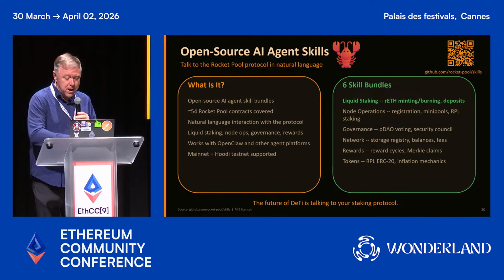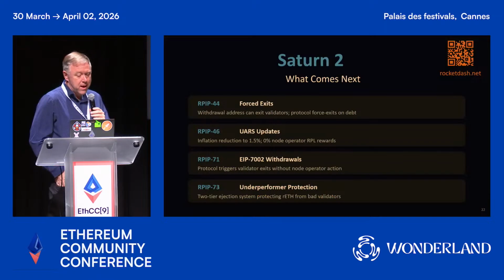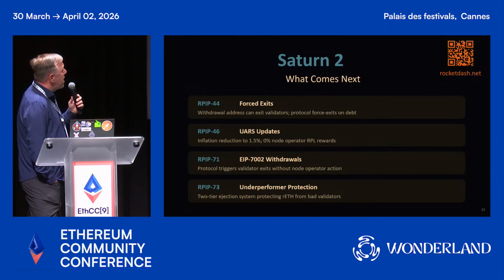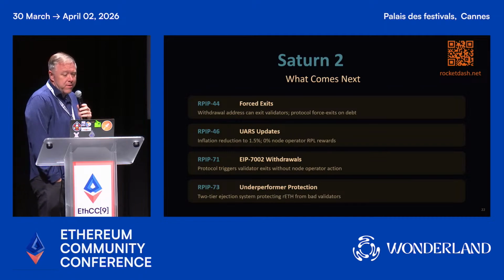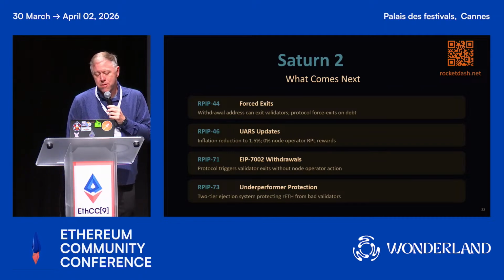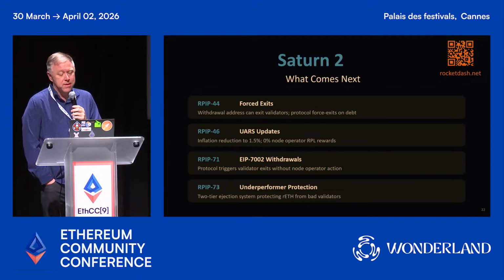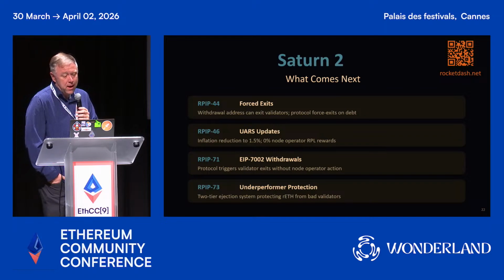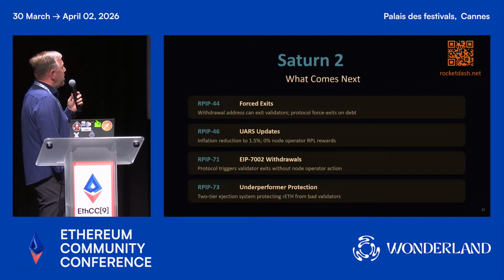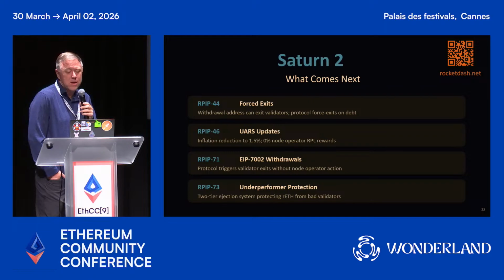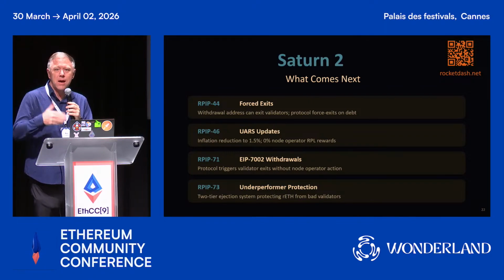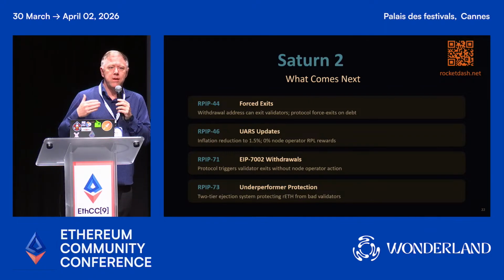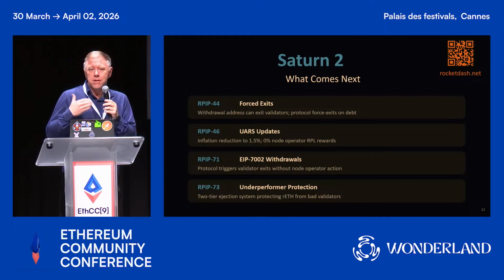And then last but not least, I'll just leave with 2 things. One, Saturn Two is coming up, and there's a number of interesting topics, I think, for those in the Rocket Pool community to look at. And I'm just going to leave them here because I know I'm at time here. But I would say spend some time to look at it, because these are ones that are going to be designed to improve the RETH yield and attractiveness.